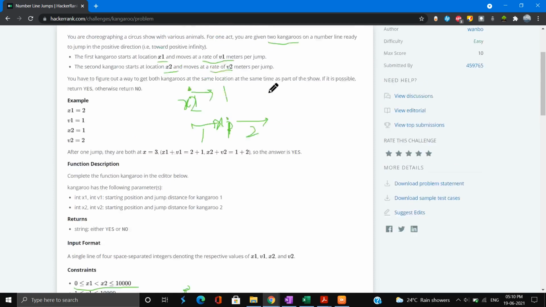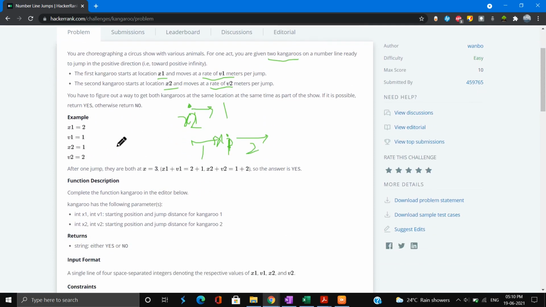So let's solve the test case first. Here they have solved an example for us. The first kangaroo is at a distance of 2 units with a speed of 1 meter per second, and the second is at a distance of 1 unit and travels at a speed of 2 meters per second. Trivially, after 1 second, let's see the distance of each kangaroo.